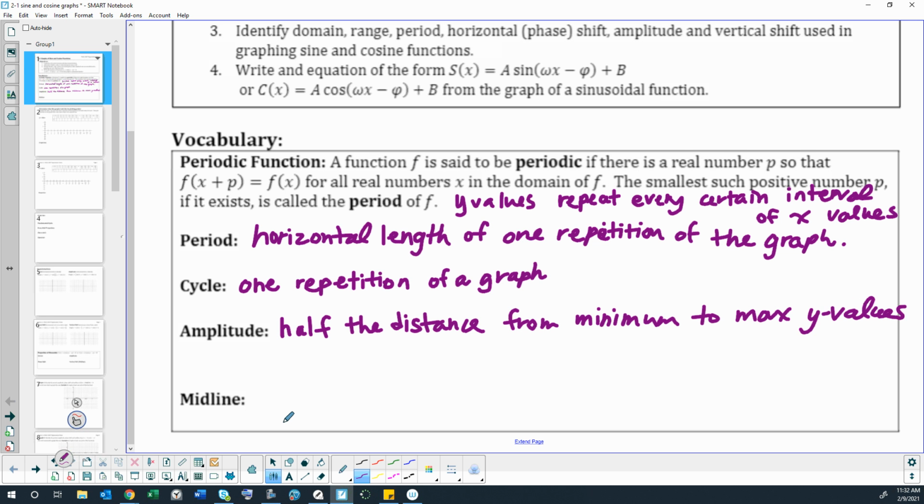Because if you remember from Math 1050 when we learned about minimum and maximum, those refer to the y values. The x values only tell us where those minimums and maximums happen, but they are the high and low points in the graph. And then the midline is halfway between the min and max.